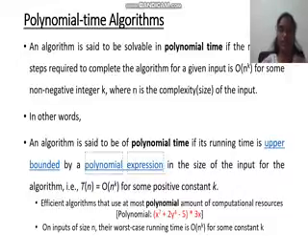If any algorithm uses only a polynomial amount of computational resources, then we can say that algorithm is an efficient algorithm. The running time of any algorithm can be given by the big O notation, that is the upper bound value, so big O of n power k for any positive constant k. Since algorithms solvable in polynomial time are said to be efficient, those problems can be solved efficiently.